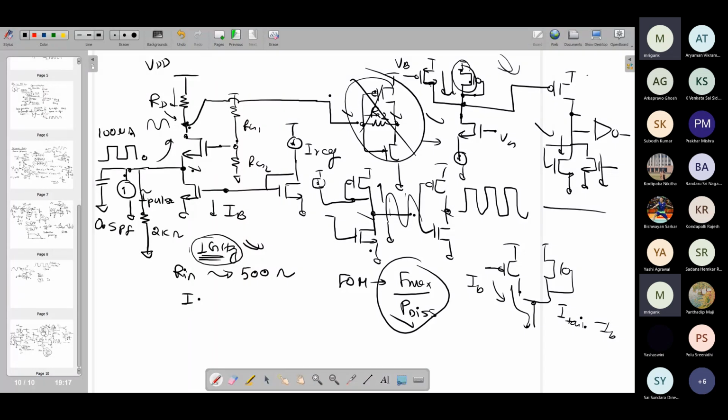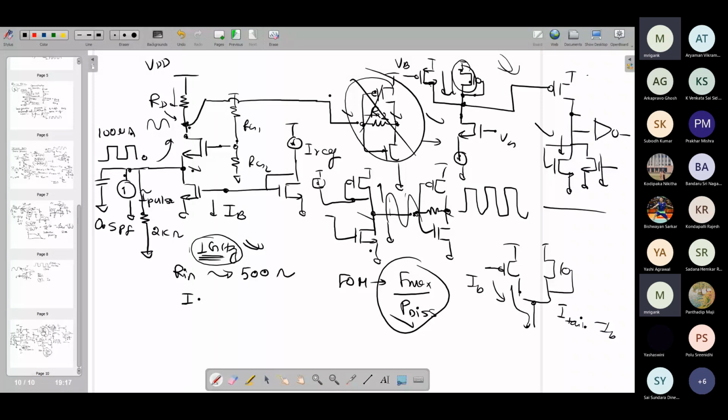So 10, 100, a few hundred you can go. 10 to the power of 4 you will have to get because you're using 100 microampere, and then you may have to use more amplification stages. That is also possible. For example, in this stage itself, you can apply a large R and try to get additional gain from here. So that is another possibility. Otherwise, just insert another amplification stage.